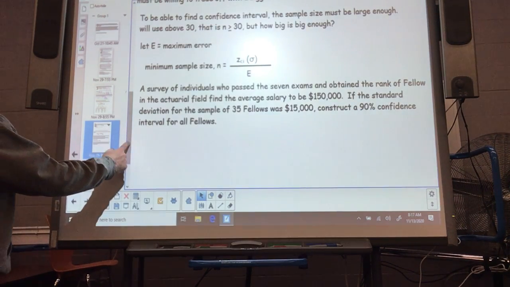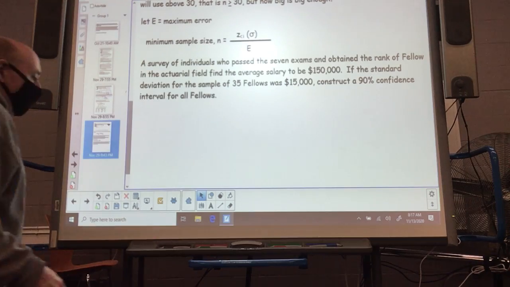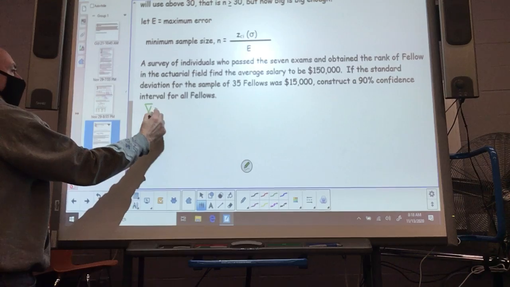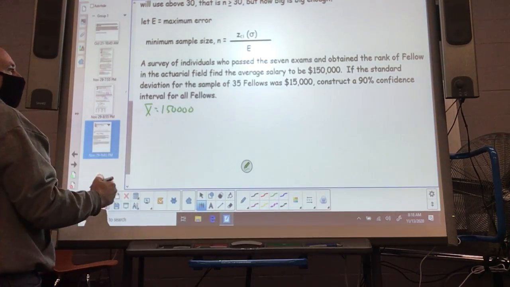Survey finds the average salary, $150,000. The standard deviation of 35 fellows was $15,000. Construct a 90% confidence interval for all the fellows, the population. So what we have here is an X bar of $150,000.